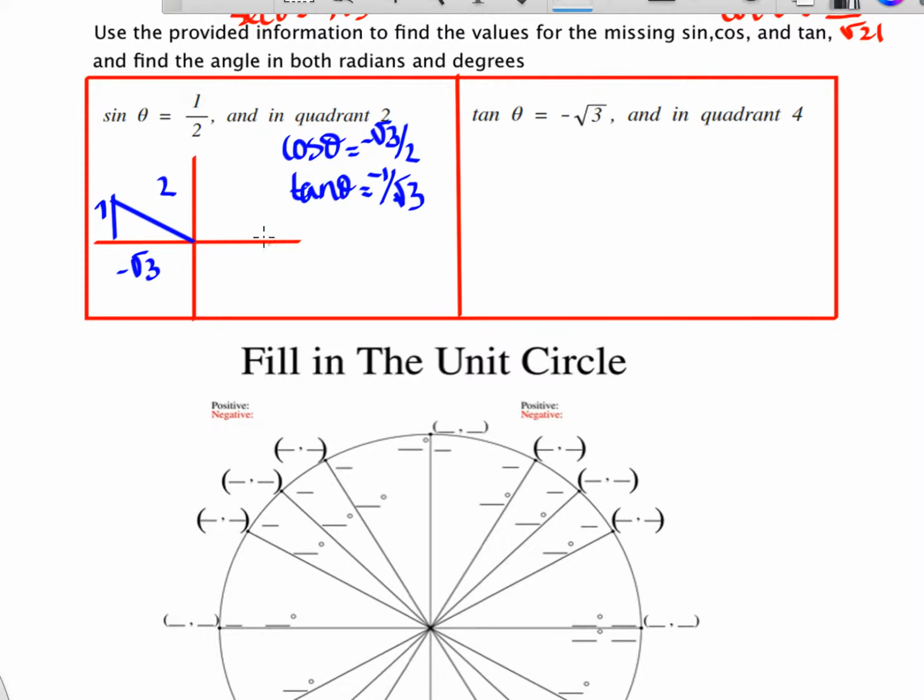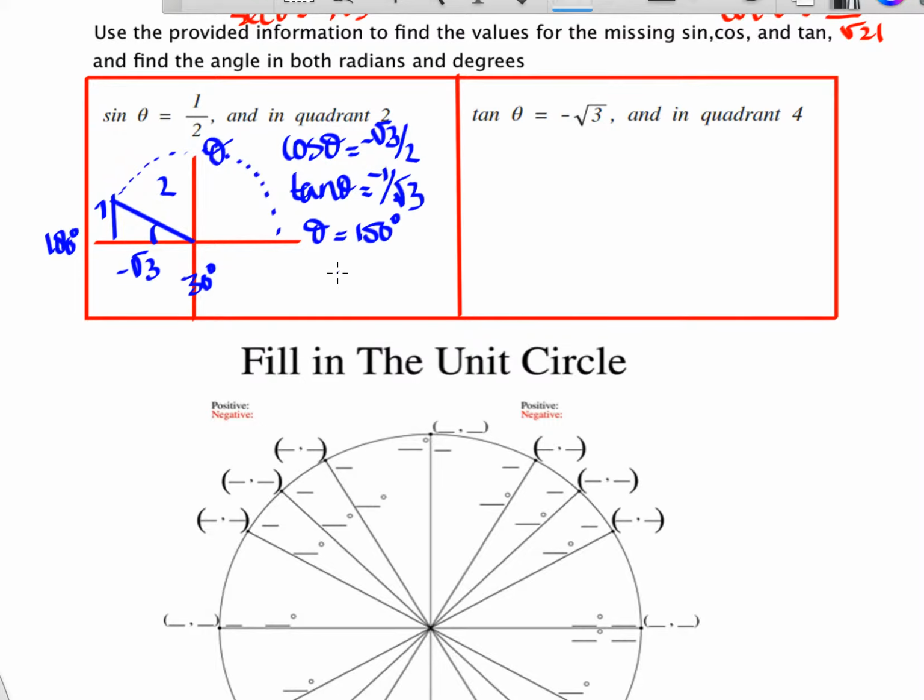And then I still need to find theta. So theta is the rotation from here to here. That's the theta that I need. But it's related to this one. And that one over there, we know is 30 degrees, right? That's a 30-degree angle right there. Well, if it's 180 to here, then theta would be 180 minus 30, which is 150 degrees.